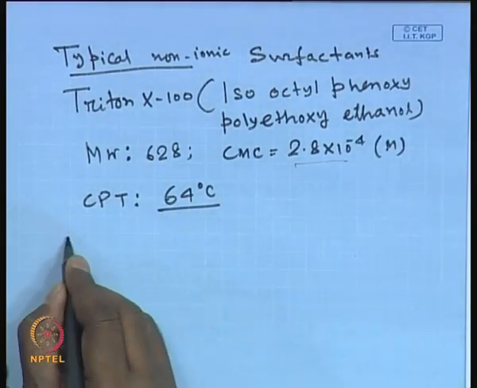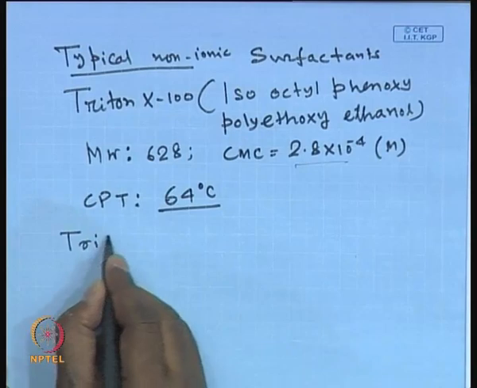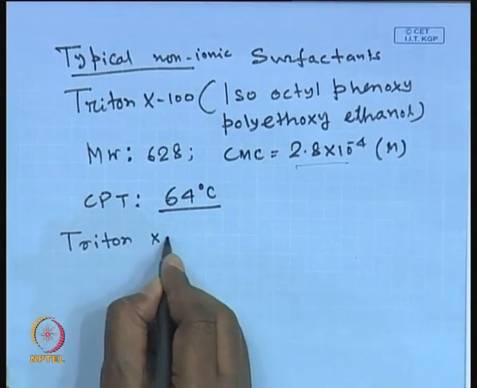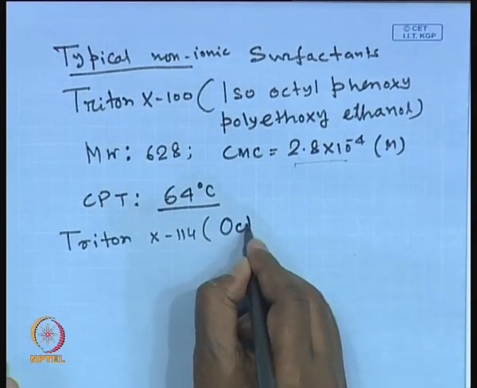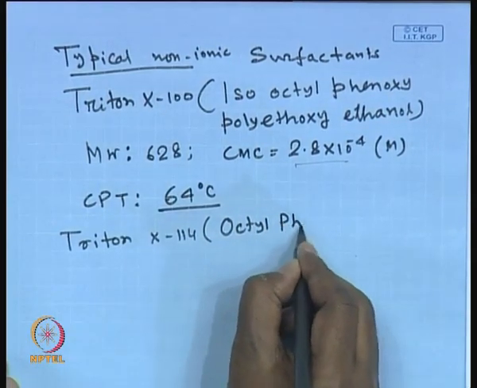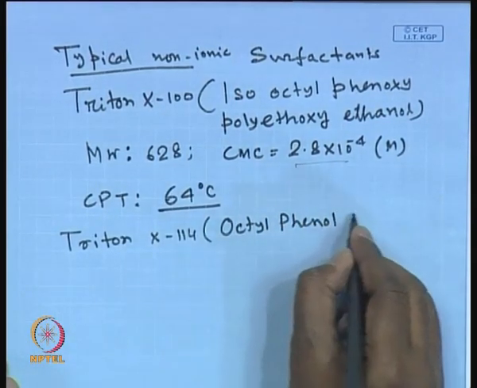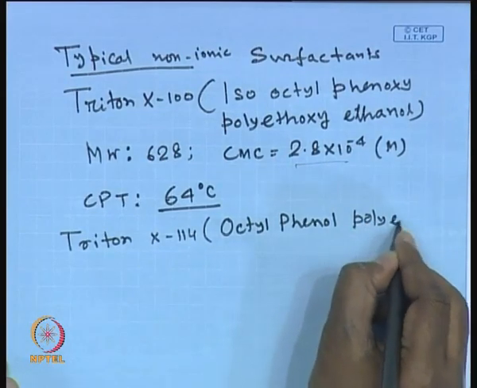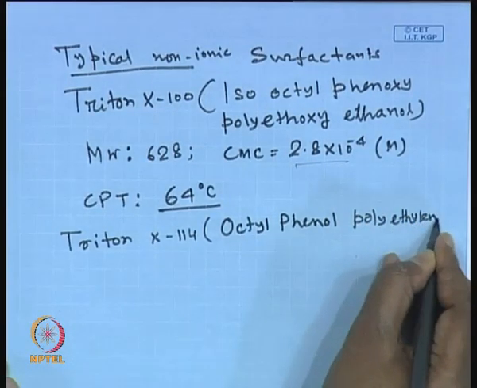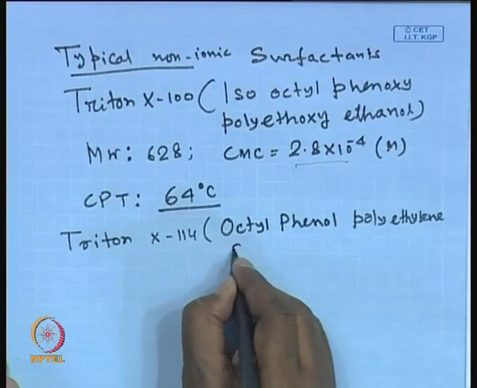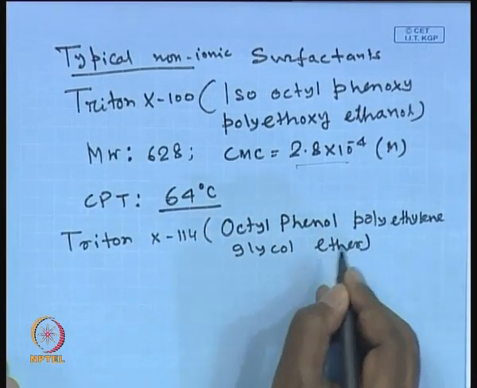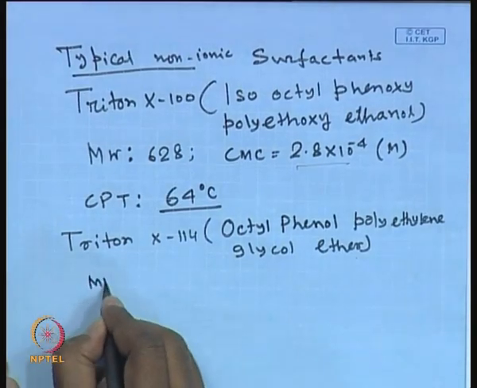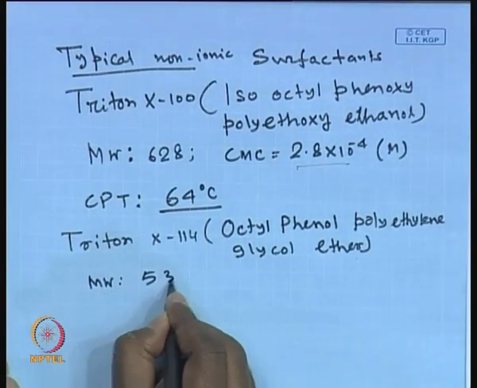The next common non-ionic surfactant is Triton X114. Its name is octylphenol polyethylene glycol ether. It has a molecular weight of 537.